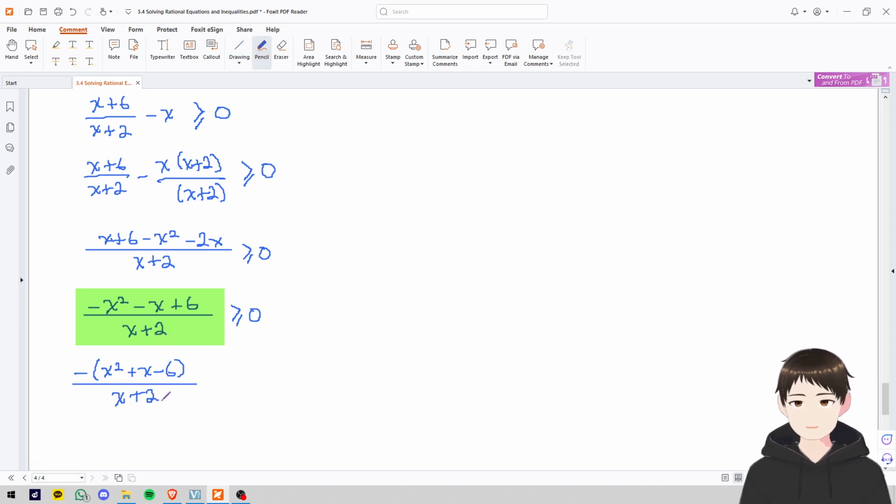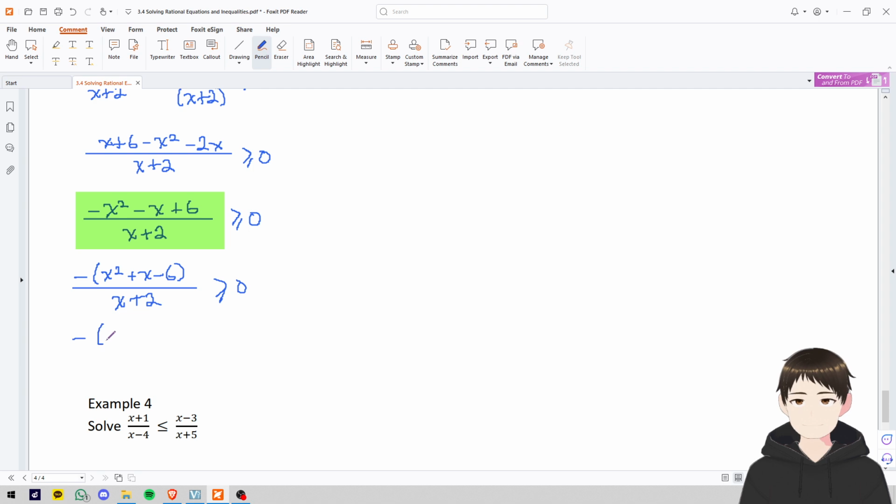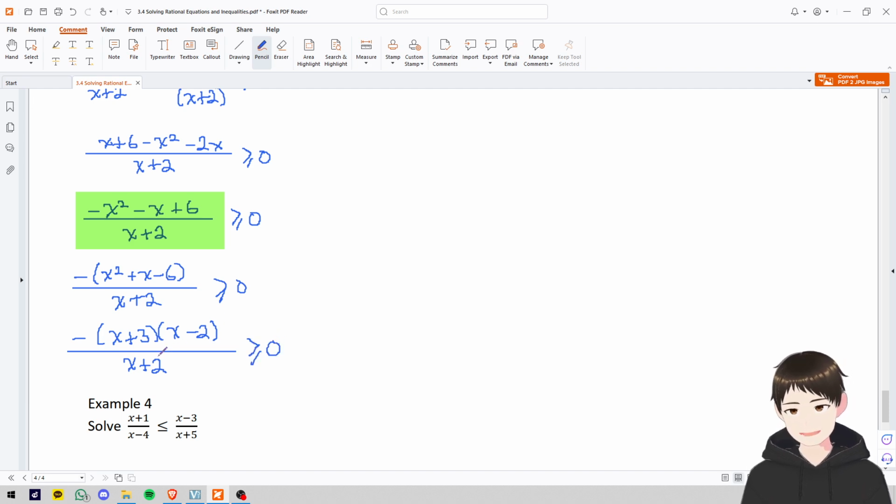Negative x plus 3, x minus 2 over x plus 2. And yes, in case you were hoping for something to happen, it is possible for a hole to occur. Don't think that's impossible.